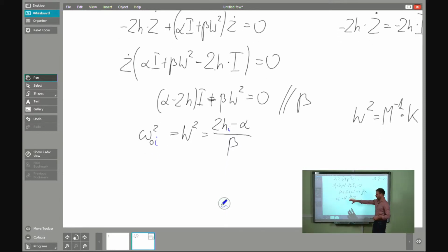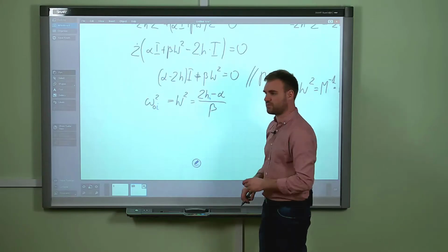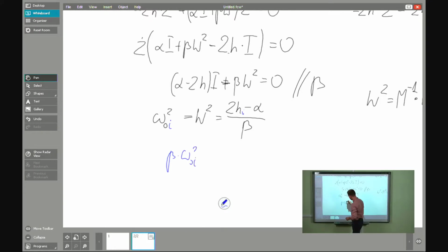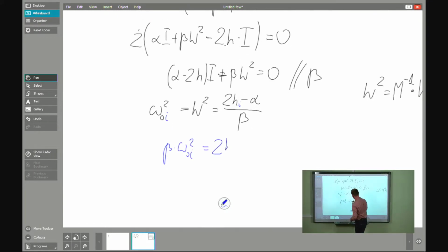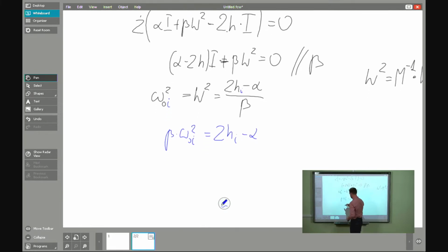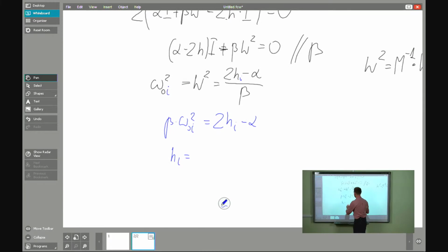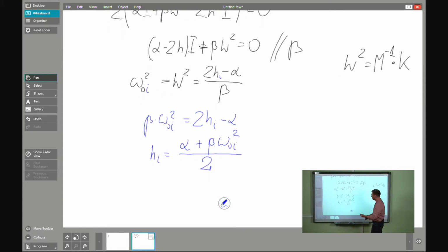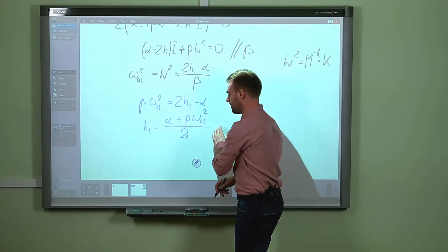It means that if we solve such an eigenvalue problem, then we will get that beta times omega 0 I square will be 2hi minus alpha, and as a result we have that hi is alpha plus beta times omega 0 I square over 2, due to the eigenvalues, natural frequencies of the undamped free vibration of that system. I mean free vibration of the system without damping. Here we see the influence of the proportional damping.